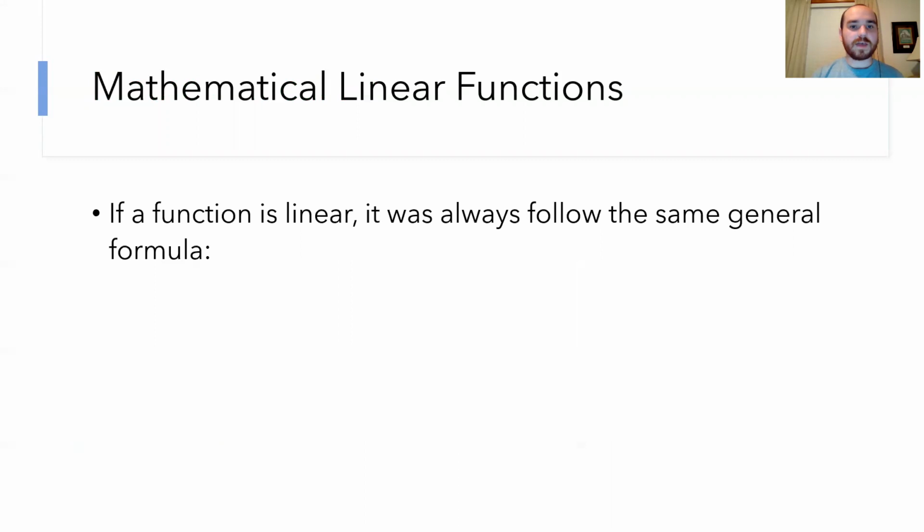So looking at the mathematical side of linear functions, if a function is linear, it will always follow the same general formula. And you've probably seen this formula before with a y instead of the f of x, but that formula is f of x equals mx plus b. This is called slope-intercept form when you write it as y equals mx plus b. You probably dealt with it in either Algebra 1 or Algebra 2, but it's good to review, and you might not have used it in as much detail as we're going to.